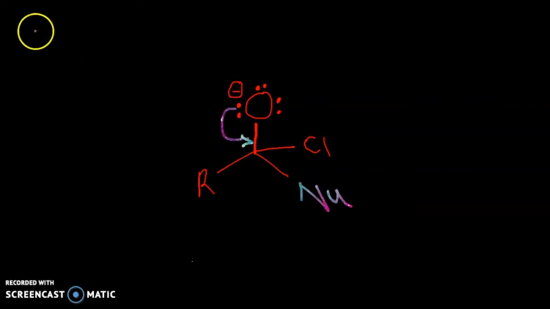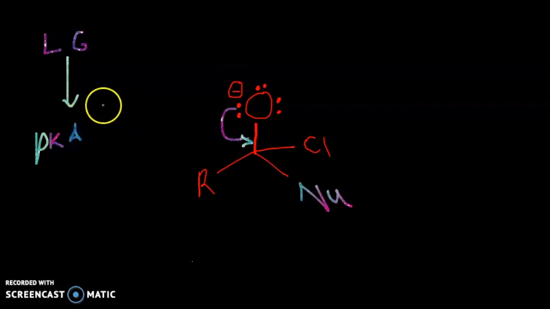Now the question is, which group gets kicked off? To determine this, we have to compare the pKa's of each potential leaving group here. I will abbreviate this leaving group as Lg. Compare those pKa's. The pKa's dictate how badly our substituents want to form a bond.